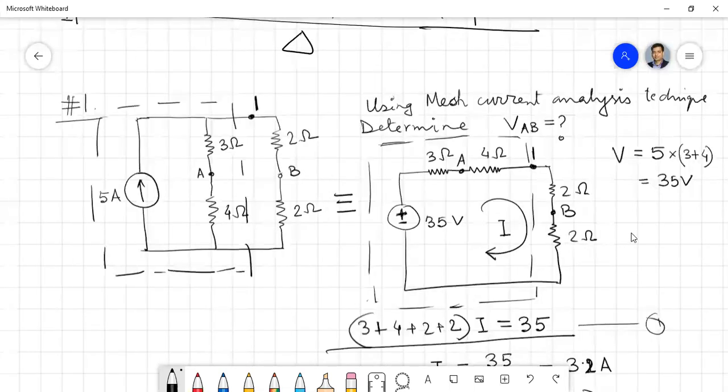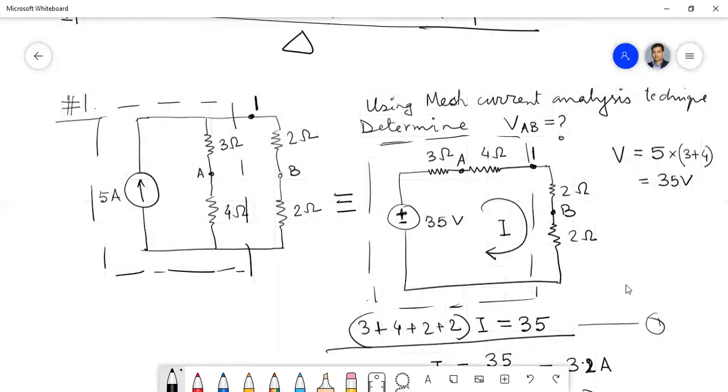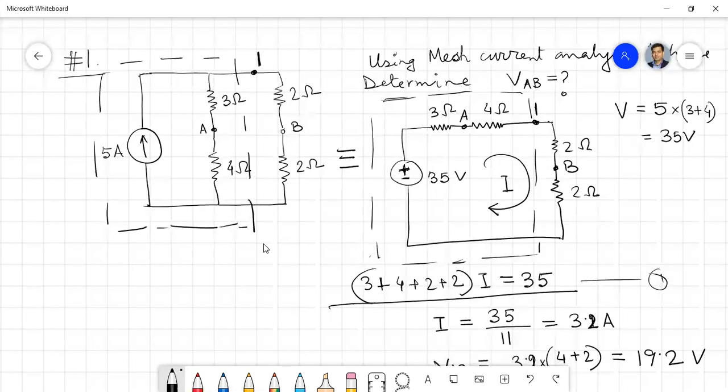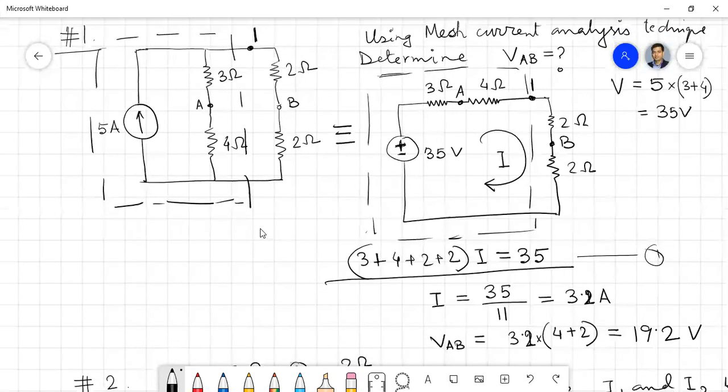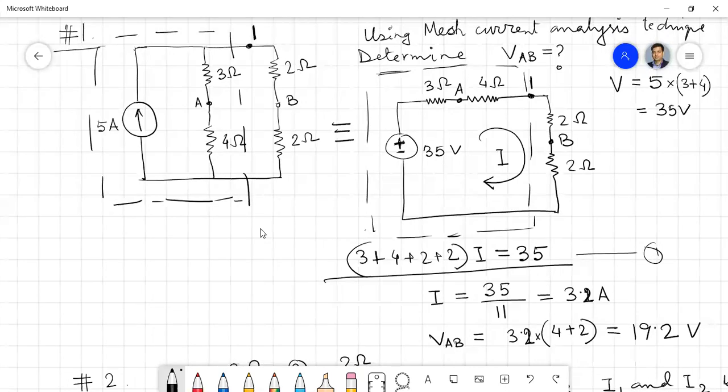So in the last class, we started with a numerical problem to be solved by using the mesh current analysis technique. And we took a very simple circuit, but this circuit can be easily solved by Ohm's law or maybe some KVL.